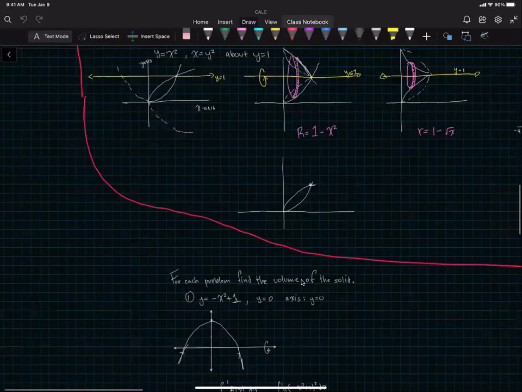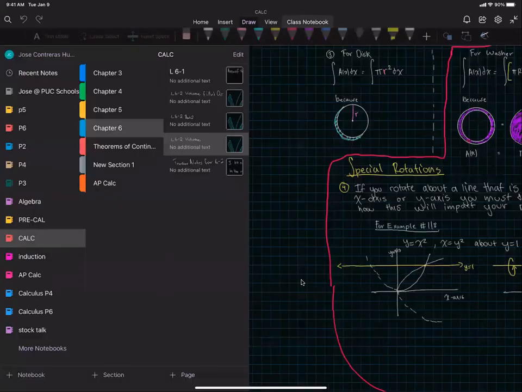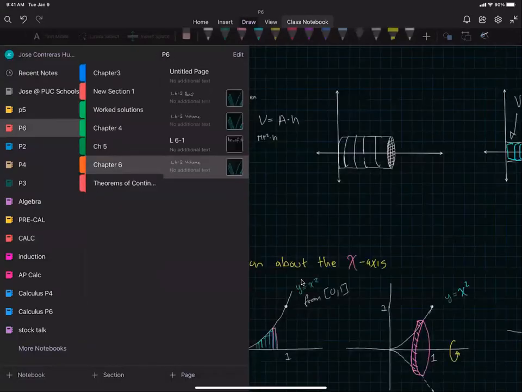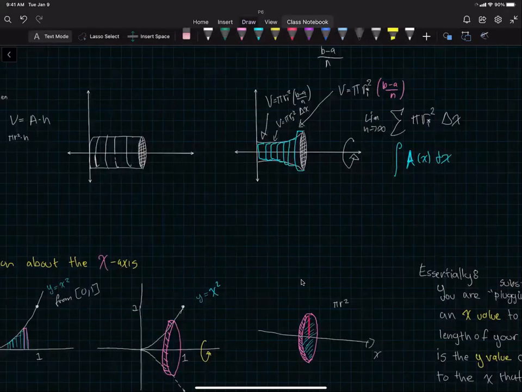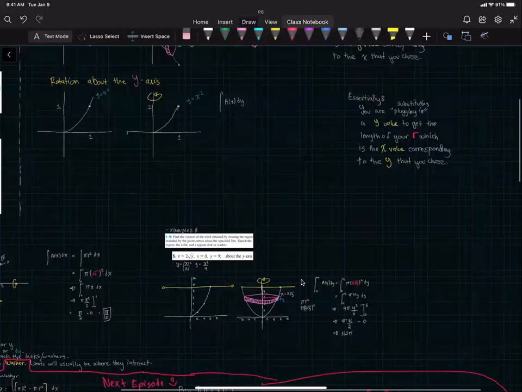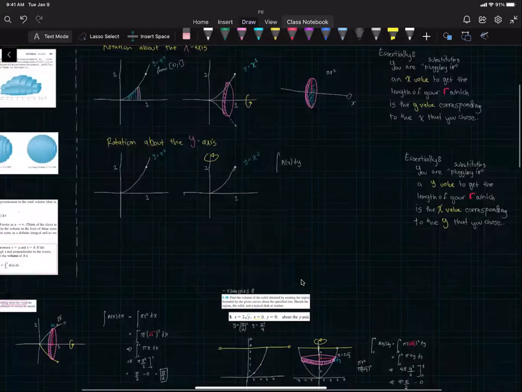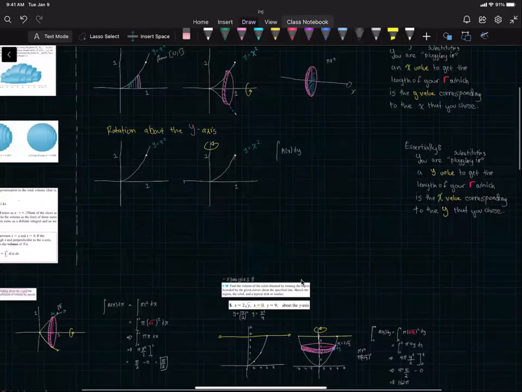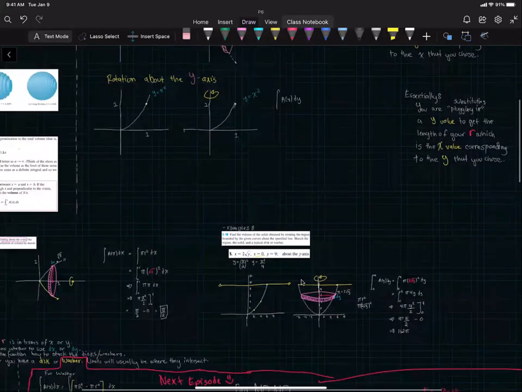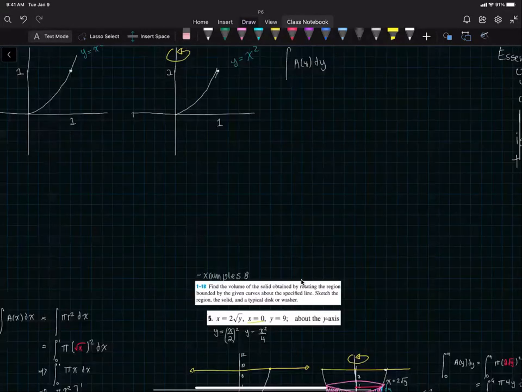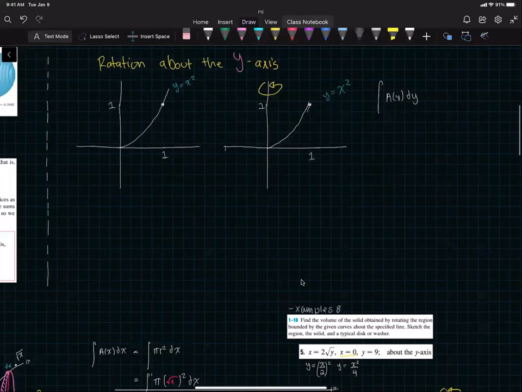Let's go ahead and look at that, period 6. We did this. And then I did show you rotation about the y-axis. I don't have it on this one, so I'll quickly show you. Basically, you're going to be given the function on a certain interval, and all you have to do if it's rotation about the y is reflect.